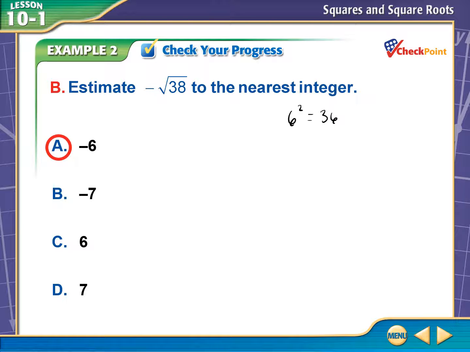Well, it's between 36 and 49, so 38 is in between 36 and 49, and it's a lot closer to 36 than it is to 49. So the square root of 38 is closer to 6, which means the negative root of 38 is going to be closer to negative 6.